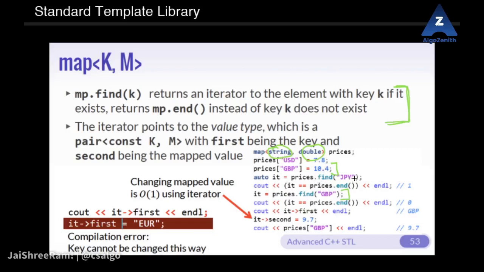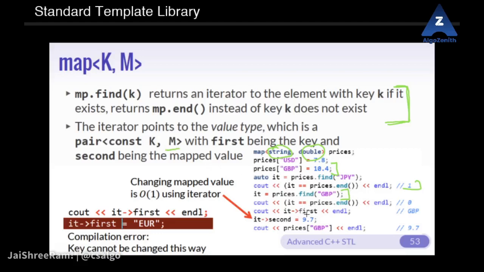Now if you want to find jpy in this, since you have not inserted it inside price, there is no value, right? So it will be end, so this comparison will return true. And if you do price.find gbp, it's present, so you will have some iterator that is not equal to end, and that iterator's first is the key and the second is the value.